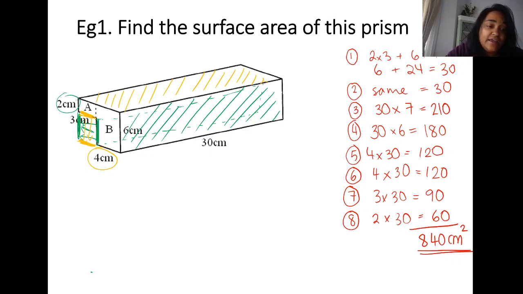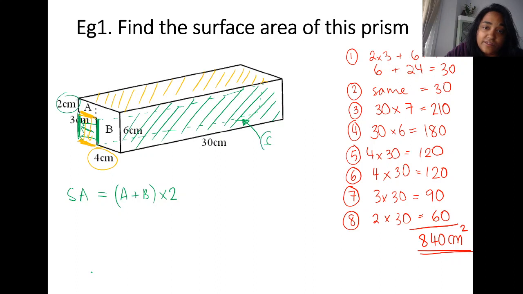So actually our surface area calculation could become much quicker, because what we end up with is our cross section. So that was A plus B, and 2 lots of that, because 1 on either side, and then actually we get 2 lots of this.